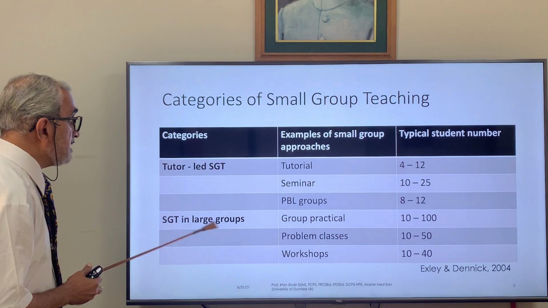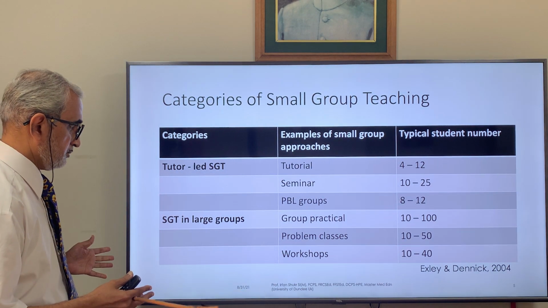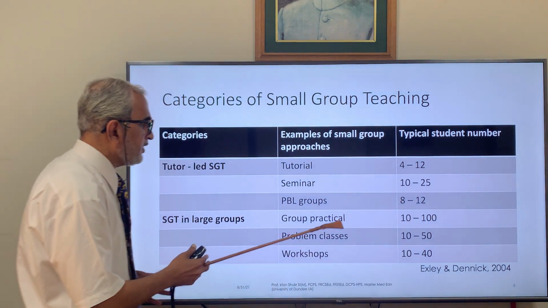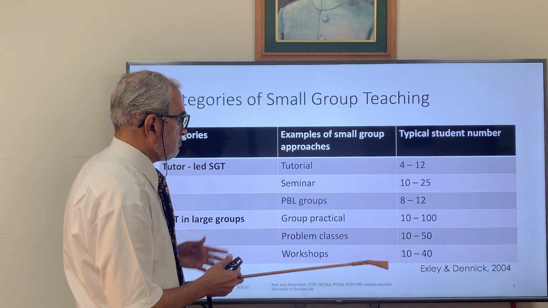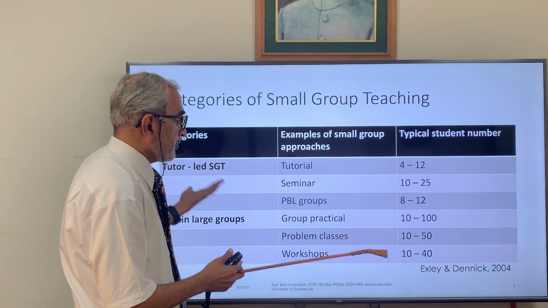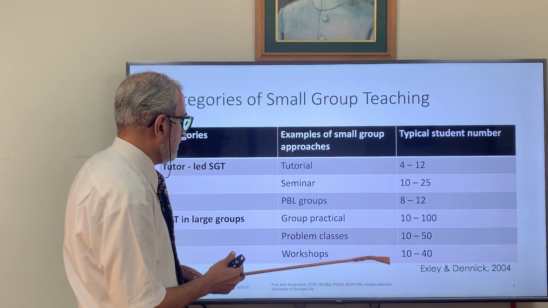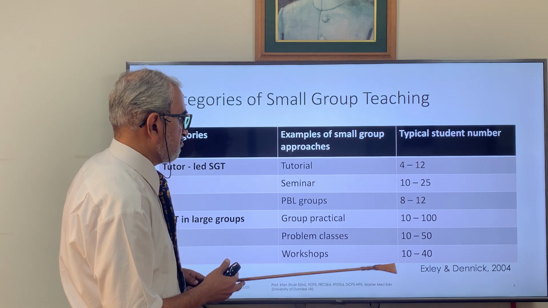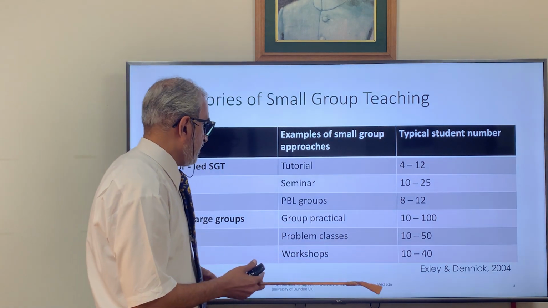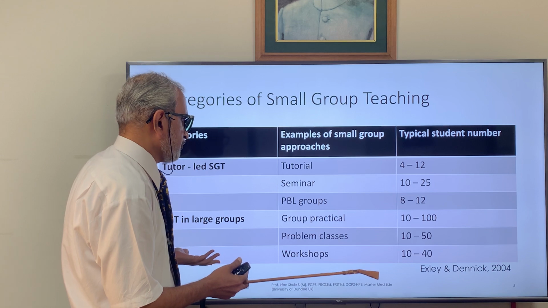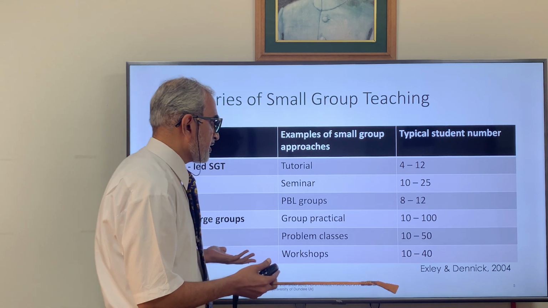Then there is small group teaching in a large group, which extends from 10 to 100. For example, group practicals may go up to 100, problem classes are sometimes 10 to 50, and workshops 10 to 40.